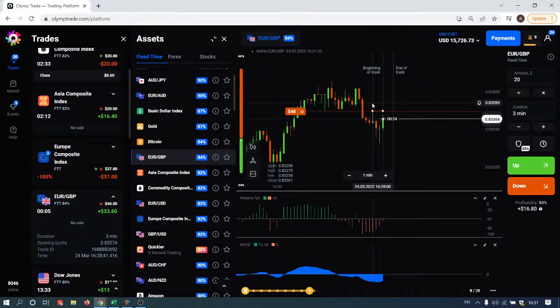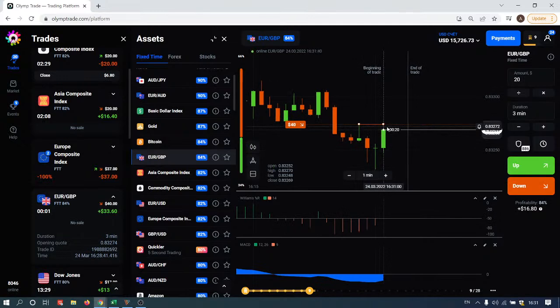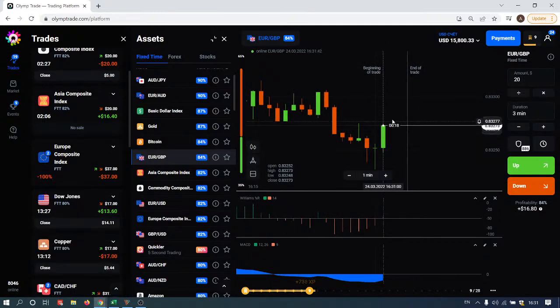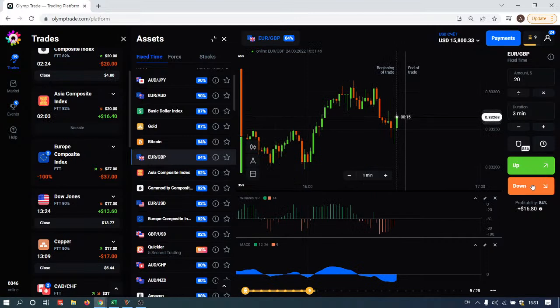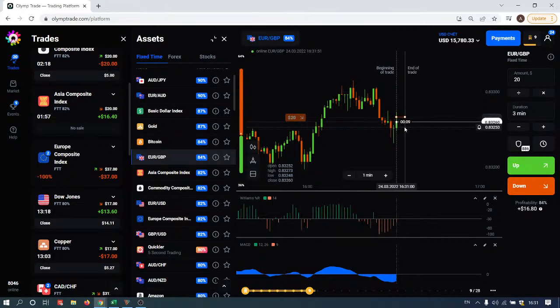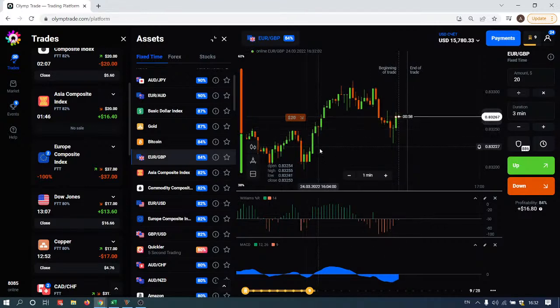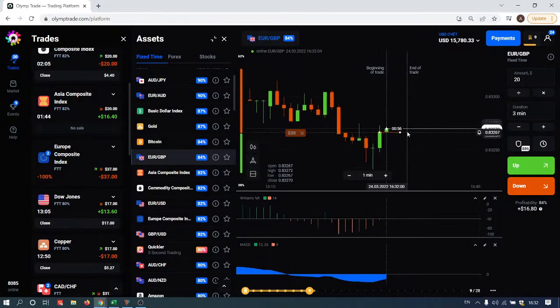So 5 seconds to go on the Euro GBP trade, and okay, nice, closing with a profit, and we can open another trade in the downwards direction again. Yes, in the downwards direction.